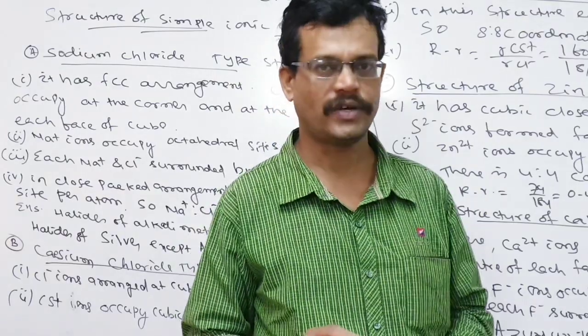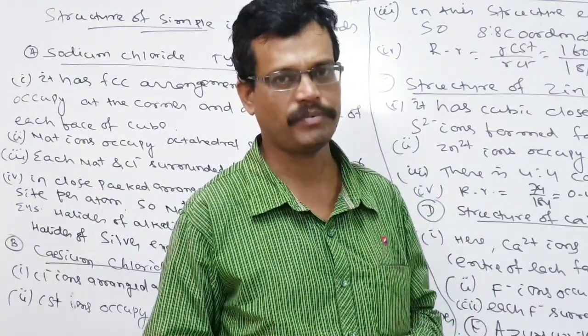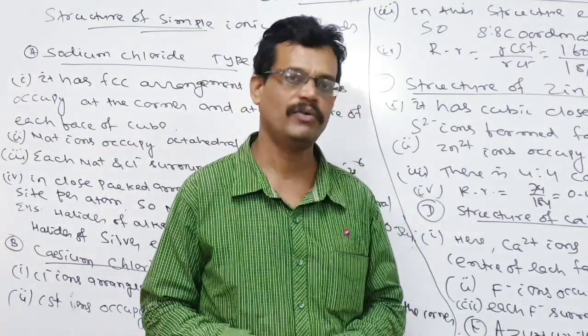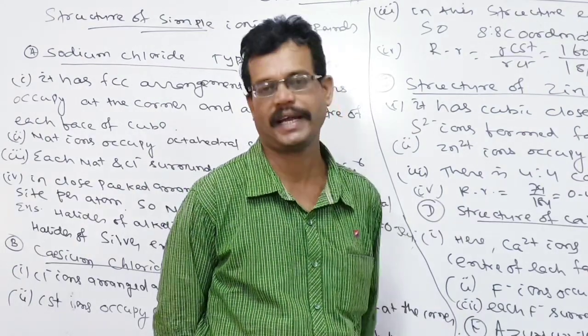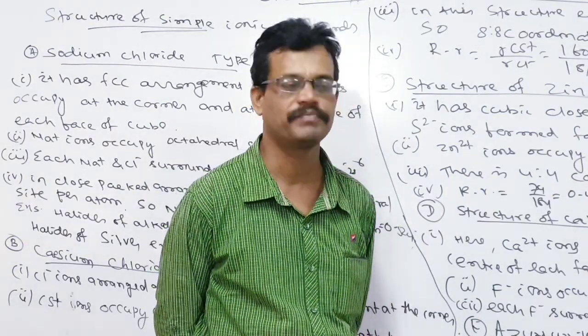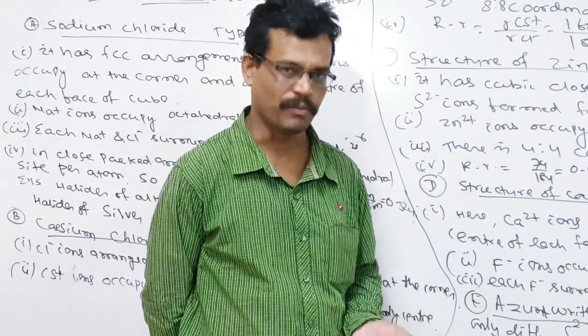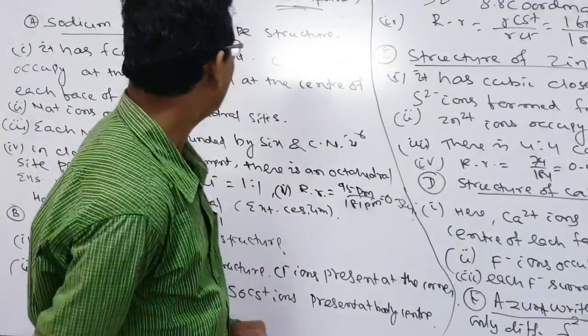So in these crystalline solids we get 5 different types of structures. We see how they are arranged in which positions, what their ratios are and what their structure compositions are. We have to detail these 5 types of structures.